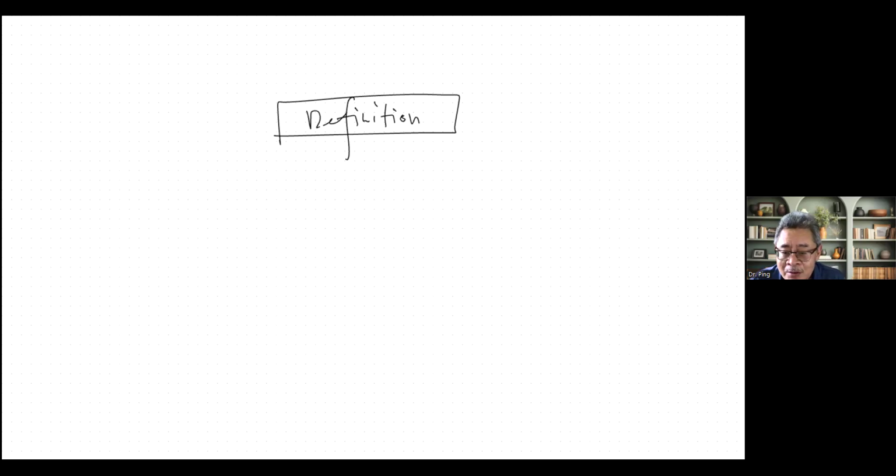But if I just say I saw a tank, then we need some kind of definition, because a tank could mean a container with water that fish can live in, just one type of tank. But it could also be a military vehicle that we use during battles. So we have to give a definition. Then we can talk about it.